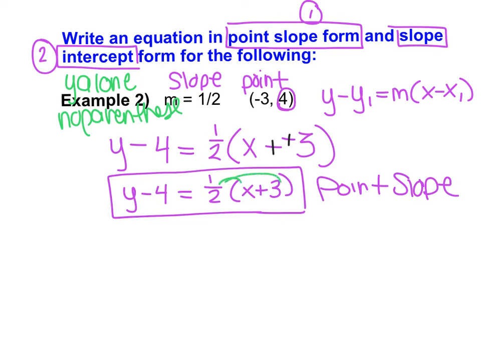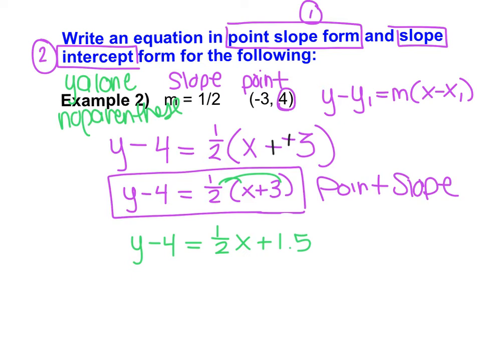So we distribute that 1/2, and we get y minus 4 is equal to 1/2 x plus, you can either write 3/2, because that's what 1/2 times 3 is, or if you use a calculator, you will also get 1.5. So either one of those answers is fine, but you need to be able to distribute that fraction.